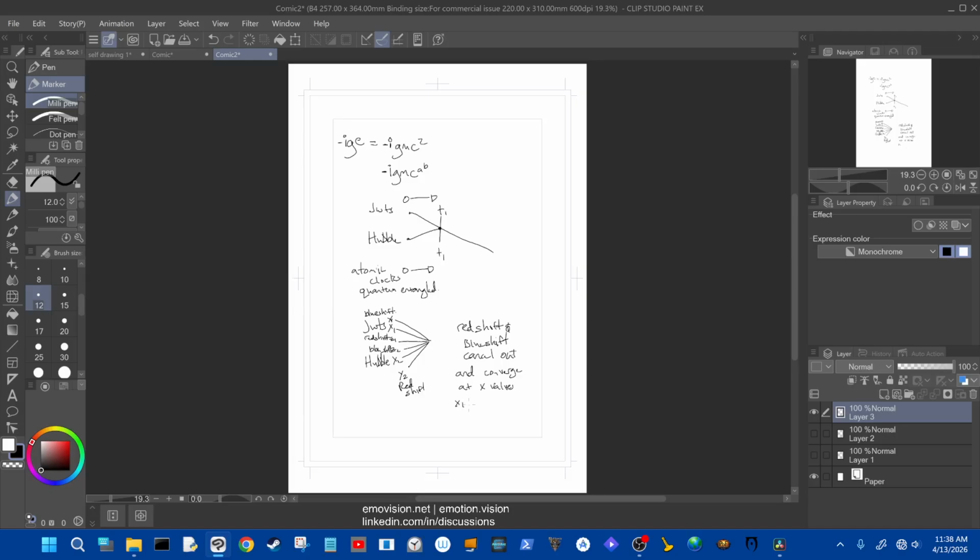Now this part I don't quite know how to do. x1, x2. I think it's just the 2 over x of atomic 1 and atomic 2 over the average of the atomics.